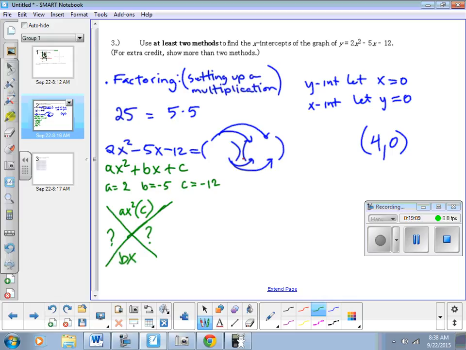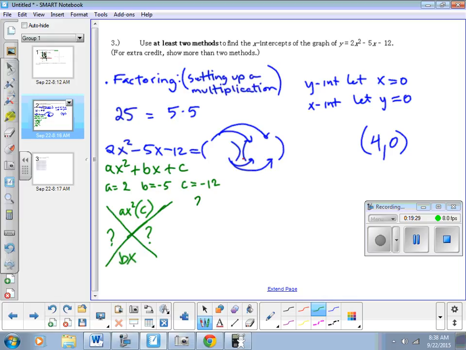One of them, the top or the bottom, is an addition of these two. Which one do you think it is? The bottom. The bottom has to be addition of these two numbers. The top has to be the multiplication of these two numbers.